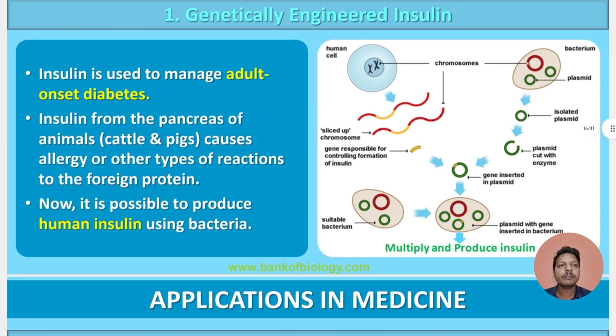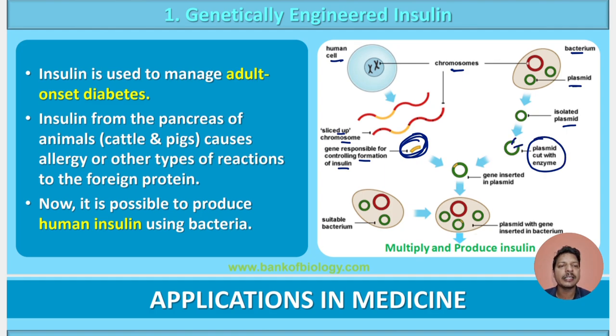See the diagram? Here you see human cell, chromosomes are there, and this particular gene is responsible for controlling the formation of insulin. So what we have to do, we slice up the chromosomes, and then again we take out a plasmid from a bacterium, isolate the plasmid, and then the plasmid is cut with an enzyme.